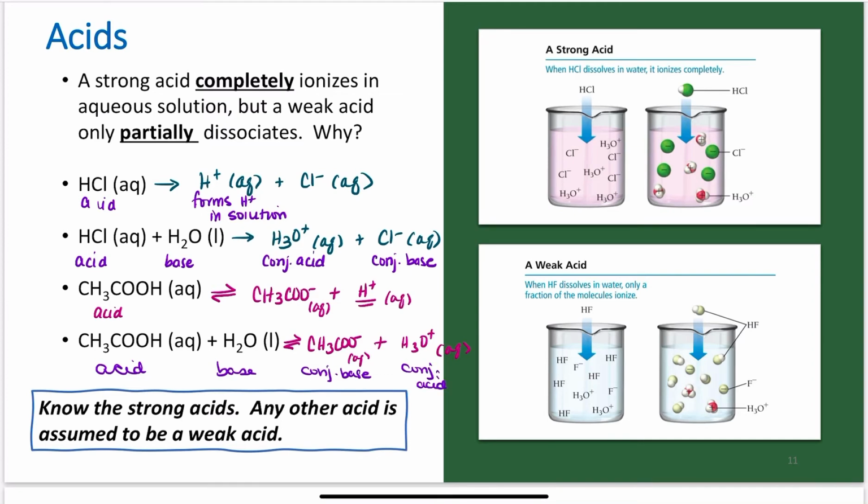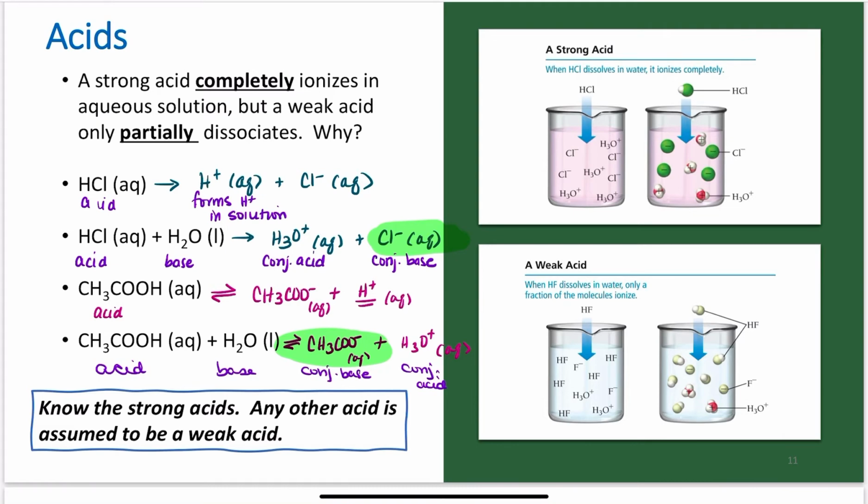Now, why do strong acids dissociate completely, but weak acids only partially dissociate? Stability. Strong acids want to get rid of those protons because their conjugate base is so stable in solution that it's fine not having a proton. Weak acids will partially dissociate because although the conjugate base is very stable, it's not as stable as Cl minus or any other strong acid whose conjugate base is very, very stable.